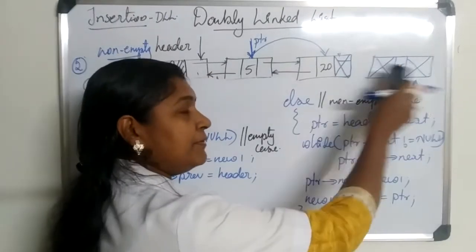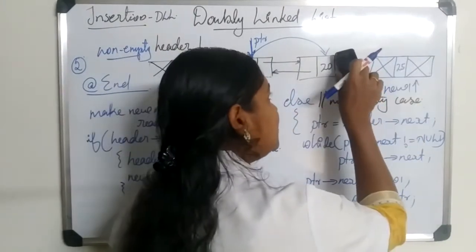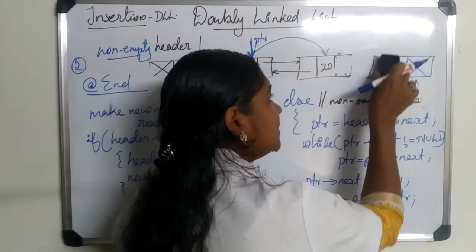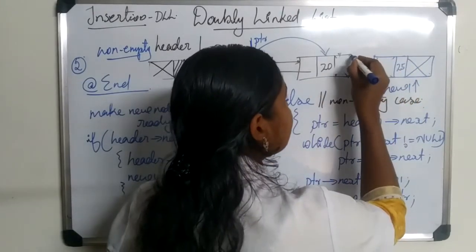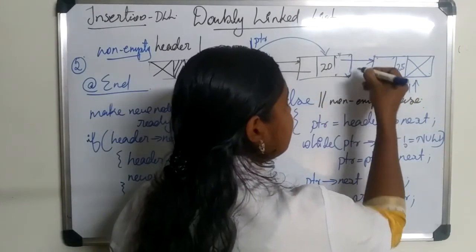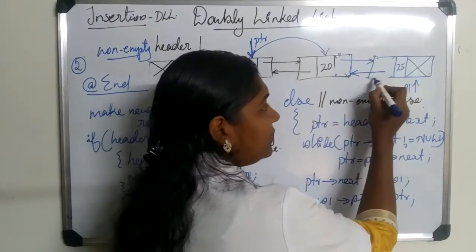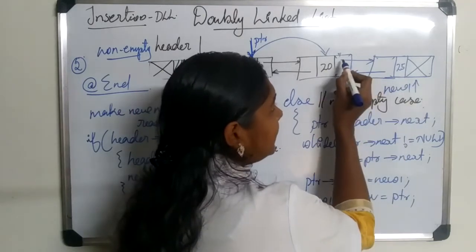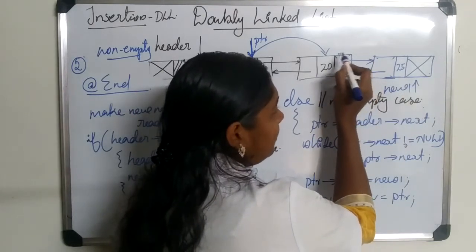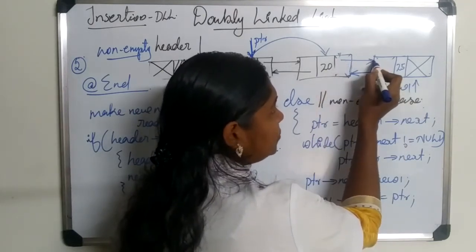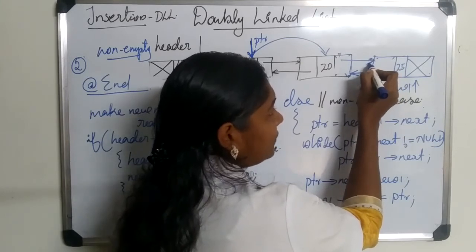So this is before insertion, and after insertion, how would be the links? You would be marking as ptr dot next is equal to new and new dot previous. So you should always be careful while drawing this diagram. This line should start from within this link part and should stop at the beginning of this part.